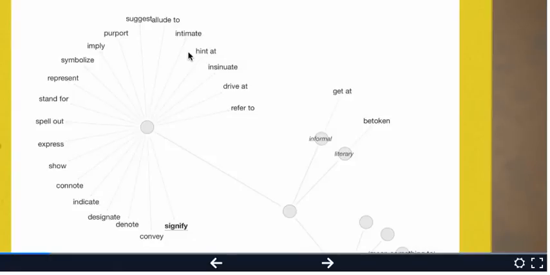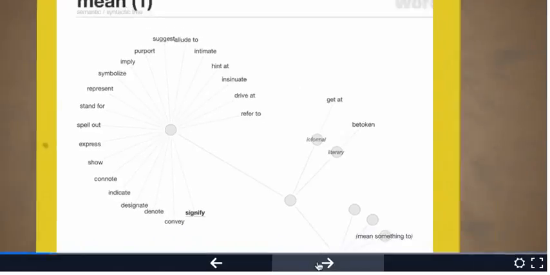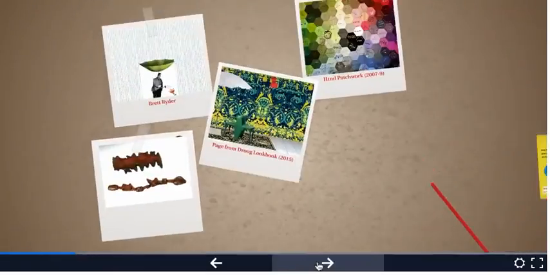And my feeling is that none of these particular words really convey adequately what the meaning of a piece of visual art can be. So do have a look, see which ones you like.